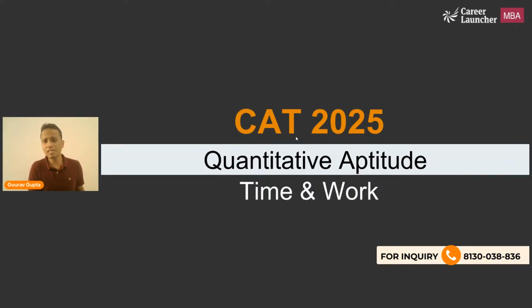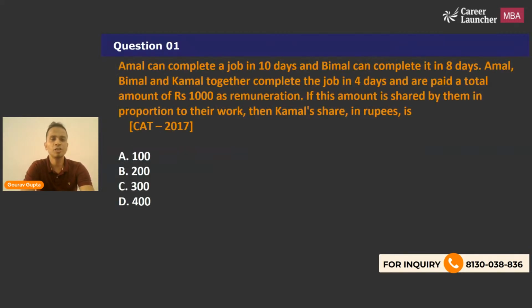Simultaneously, I'll be doing a little analysis of each and every question as far as how much is the difficulty level of that question, and what is the ideal time that needs to be taken to solve that question. So let's begin with the very first question of today's class. Question number one on your screen now. I'll give you 3 minutes to solve this one.